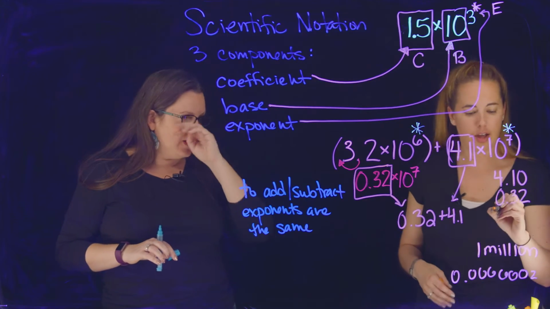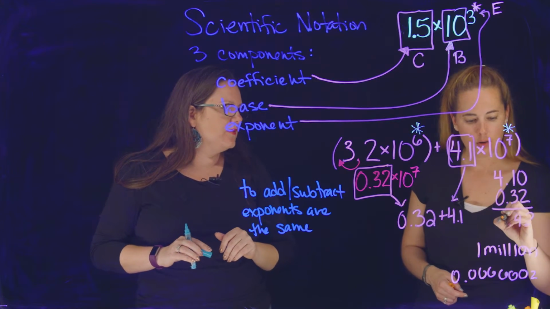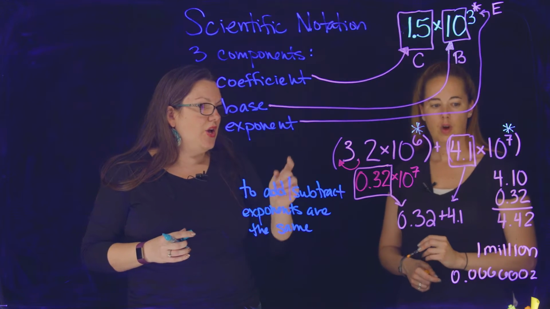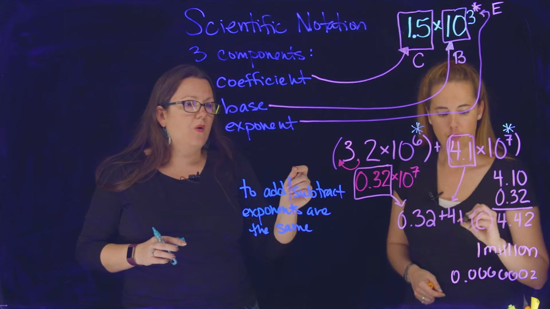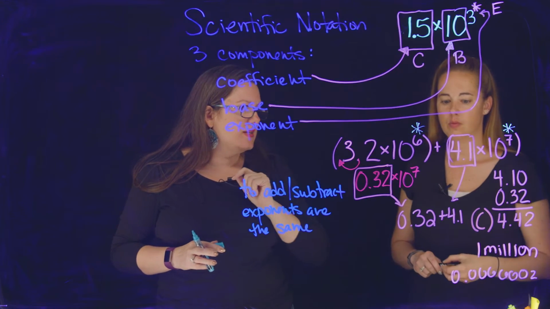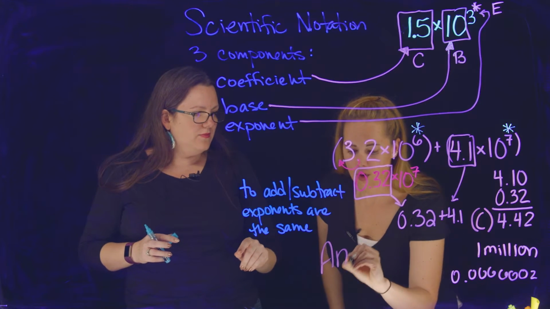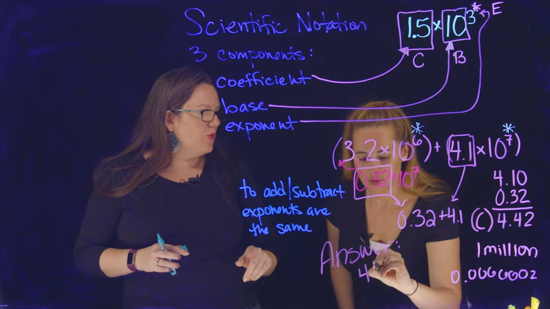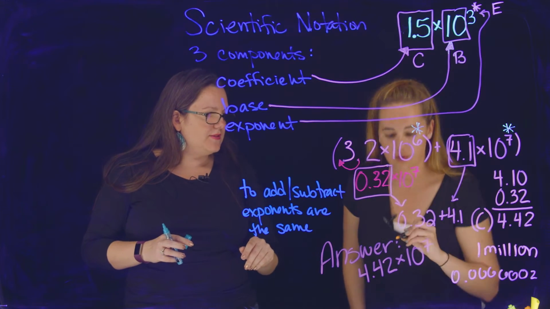I lose numbers if I don't have placeholders. Absolutely. So we've got 2, 4, 4. So 4.42. Fantastic. That's our coefficient, and when we're adding and subtracting, our base and exponent stay the same. That's pretty straightforward. So our final answer would be 4.42 times 10 to the 7th.